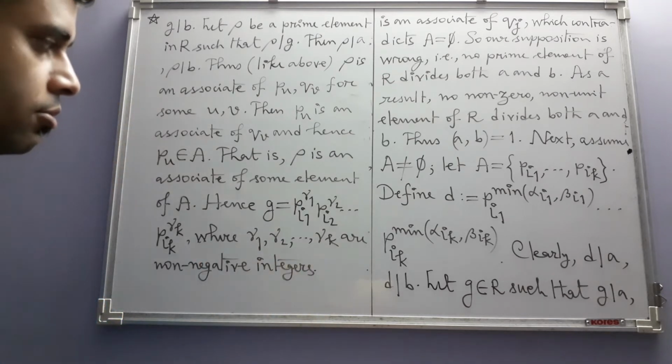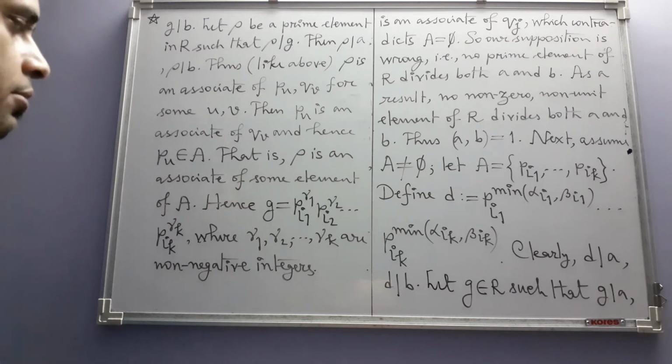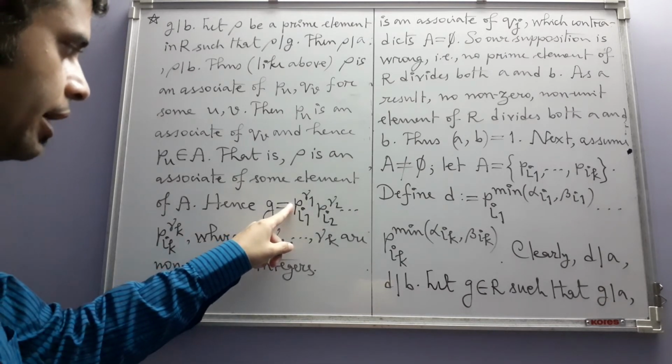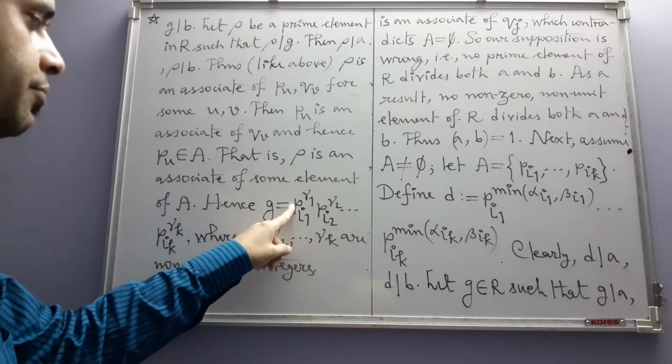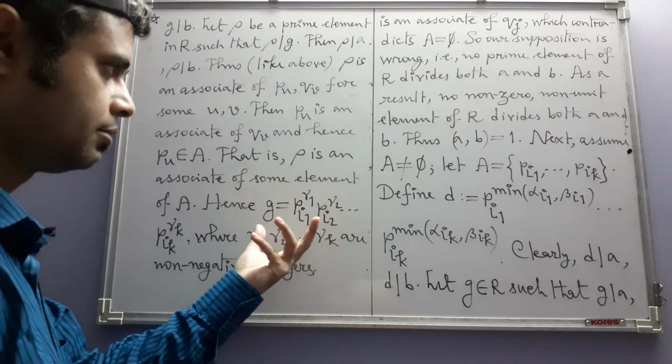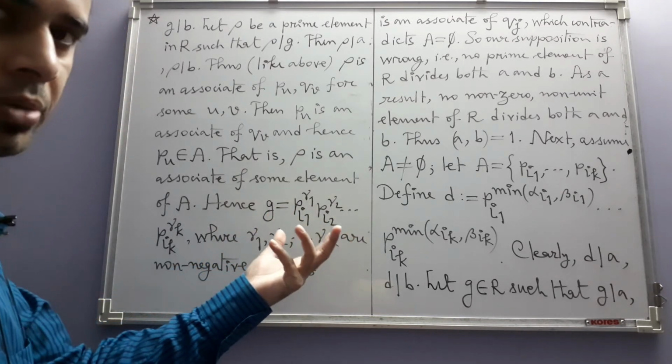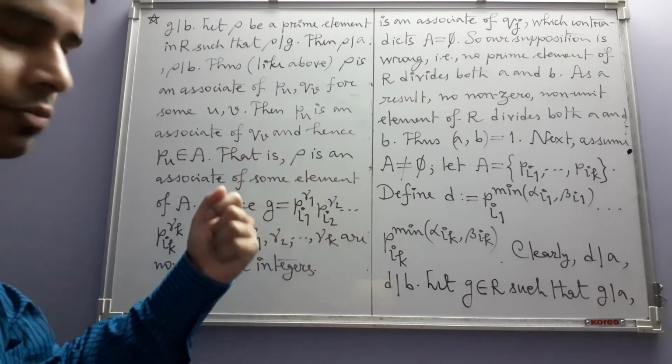In fact, to be absolutely specific about everything, we should also write a unit here that takes care of the prime factors of G being associates of this thing.